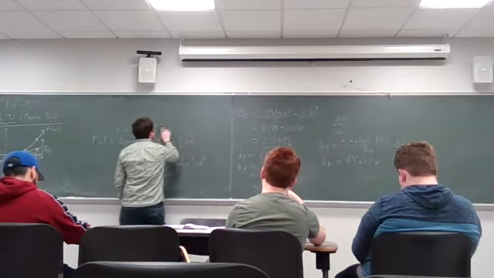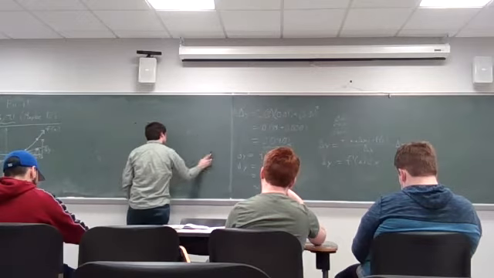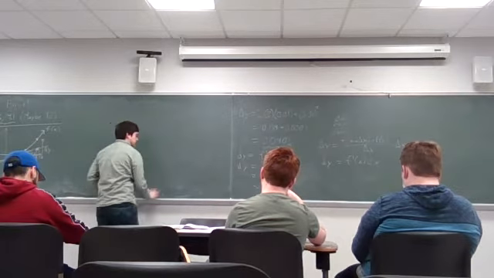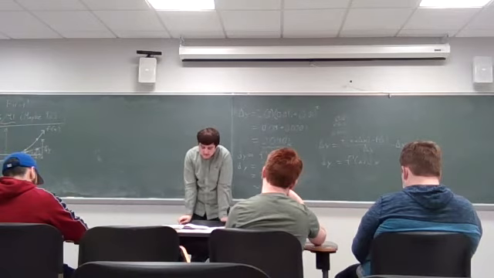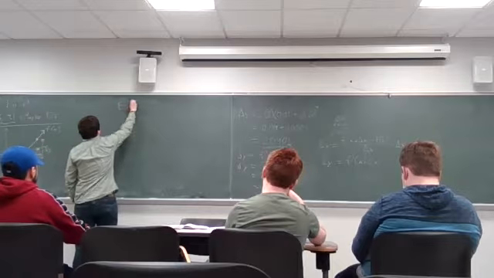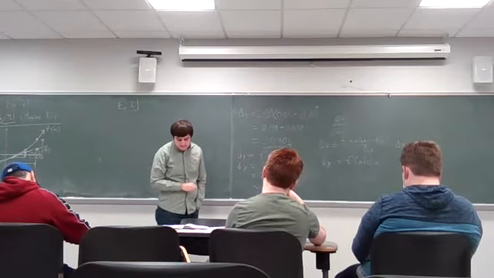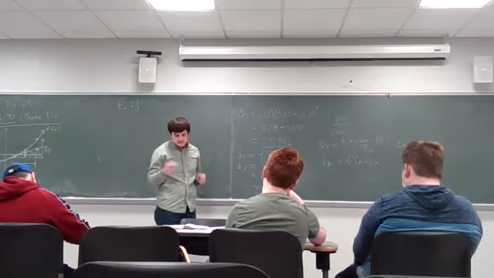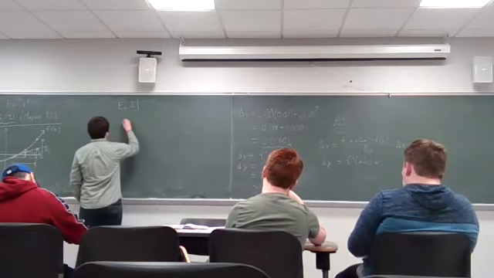So this is example 2 in the book. And it says that we have a resistance that's varying with respect to temperature of a circuit.